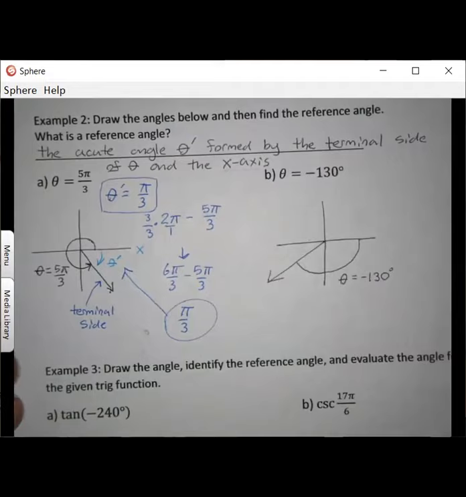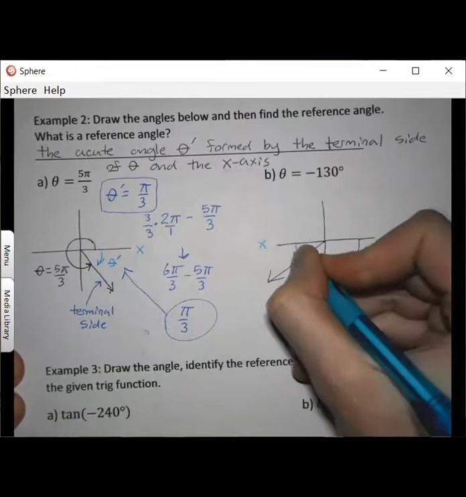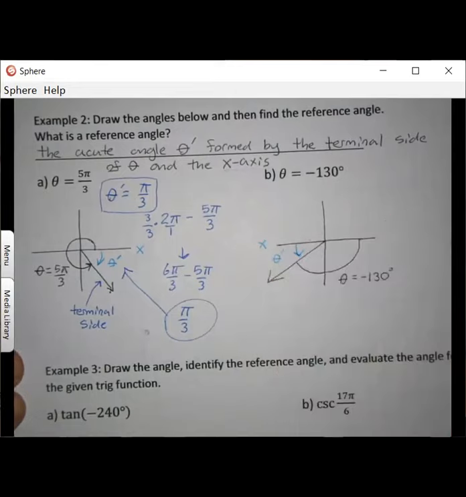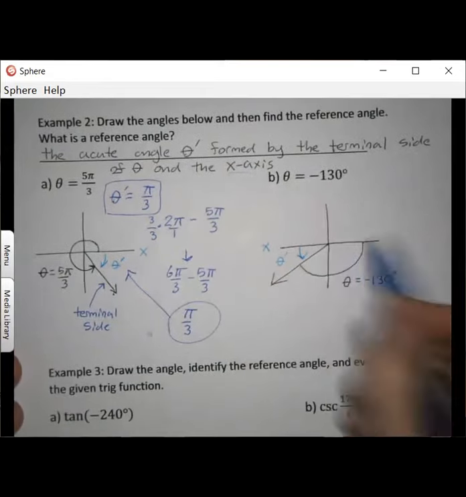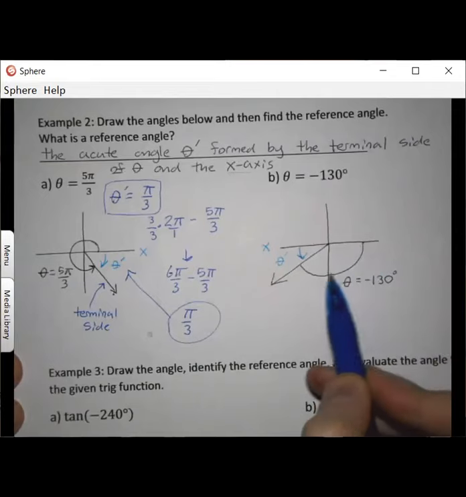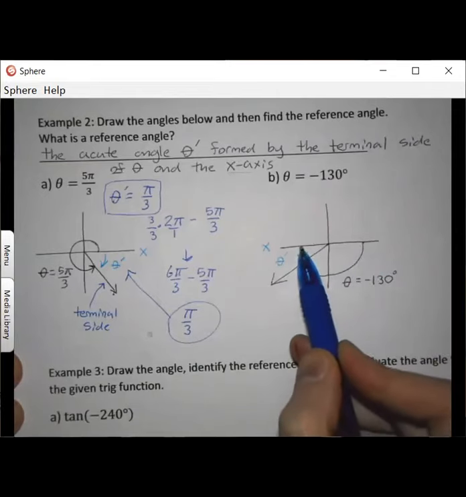So our reference angle, or from the x-axis to your terminal side, that's going to be our theta prime. Now in this case, we can notice that from our starting point to here is 180.